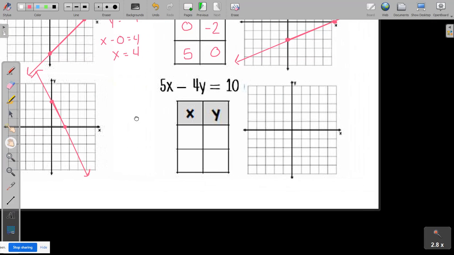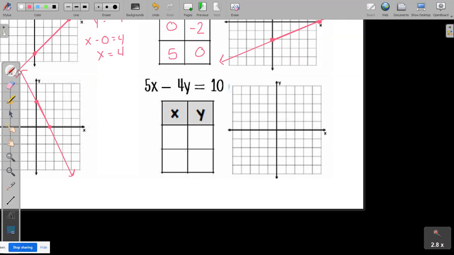Then the last one. If you substitute 0 in for x, you get negative 2.5. And if you substitute 0 in for y, you get 2. So graph these 2 points.